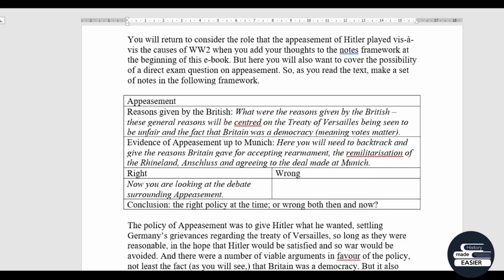And if we just take rearmament as an example, I'm not going to go through them all, Britain argued that Germany had a right to defend itself, and clearly, back to the Treaty of Versailles, it was left unable to do so.